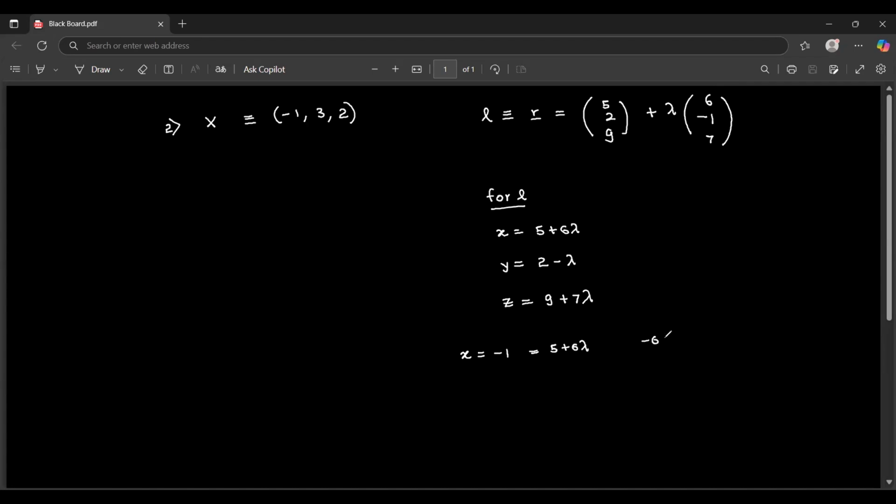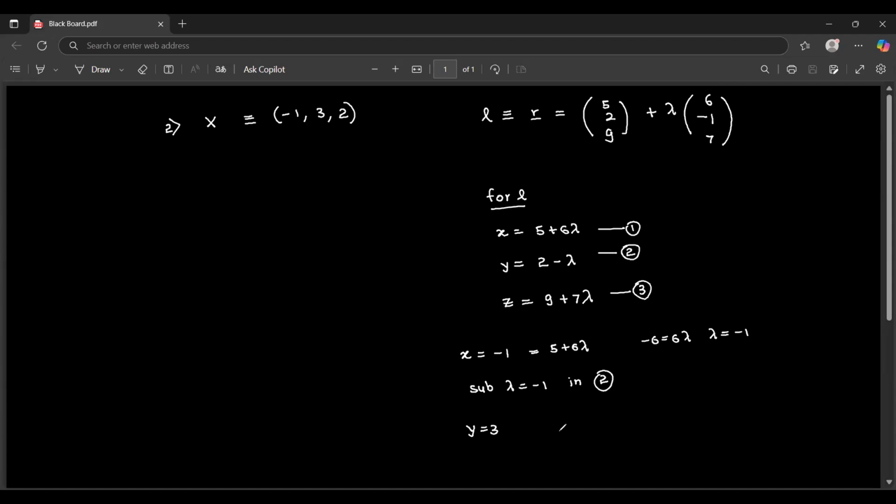So minus 6 equals 6 lambda, so lambda must be equal to minus 1 according to the first equation. If I substitute lambda equals minus 1 in the second equation, what will I get? Well, y equals 3 if the point lies on L.